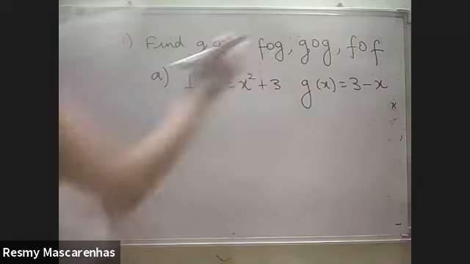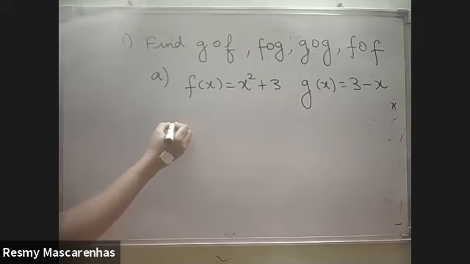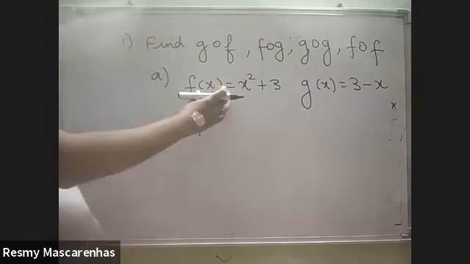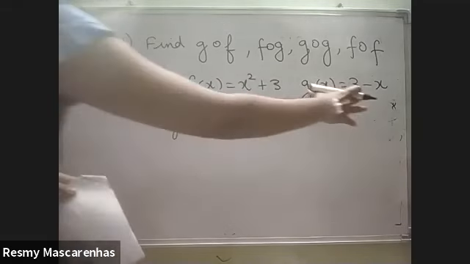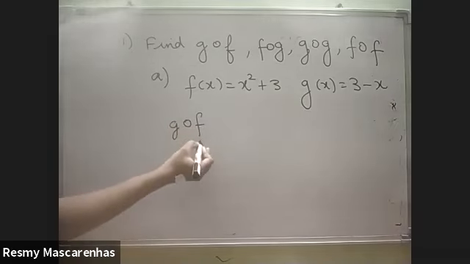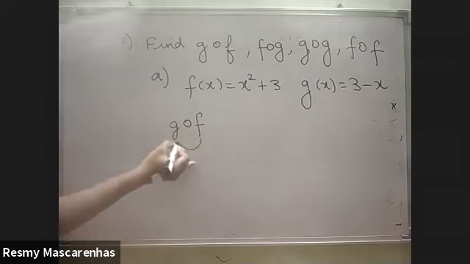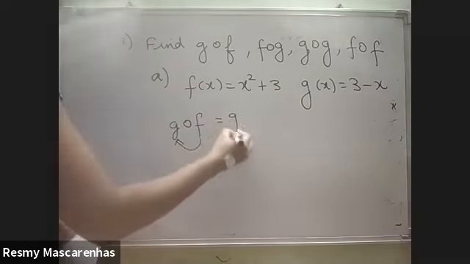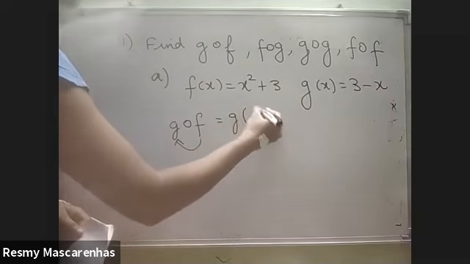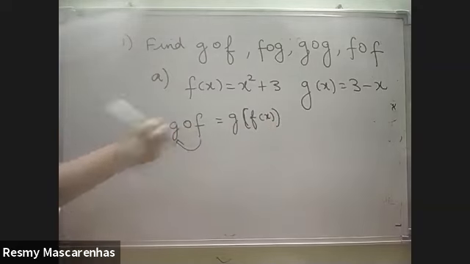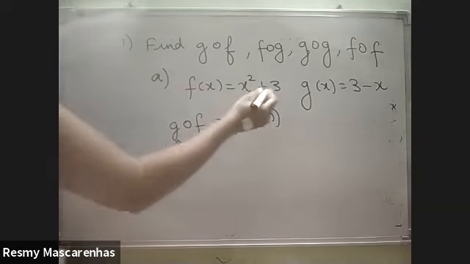So in short, first we'll try to find GOF. Okay, now two functions are given, f is given to you and g is given to you. Okay, so now GOF means what? I told you have to read it. F you have to substitute in G. Okay, so in short, it means same as function f you are putting in G. So where is function f?